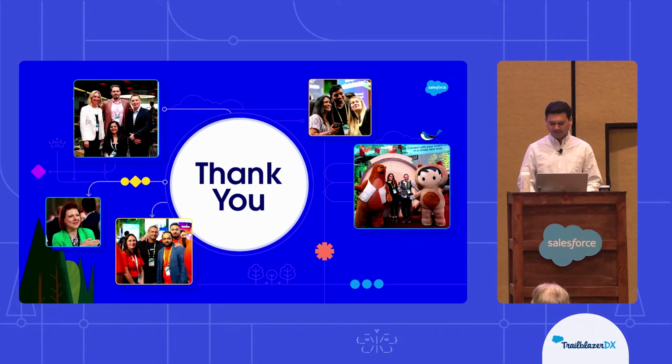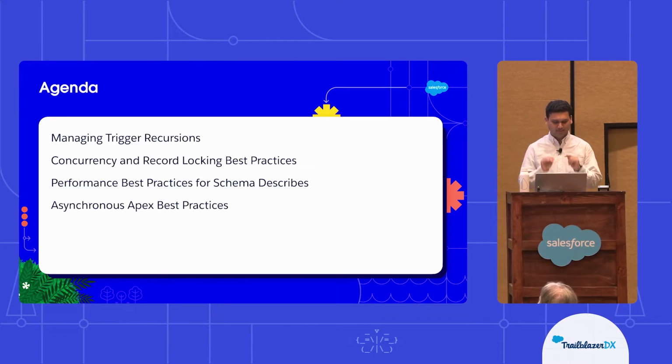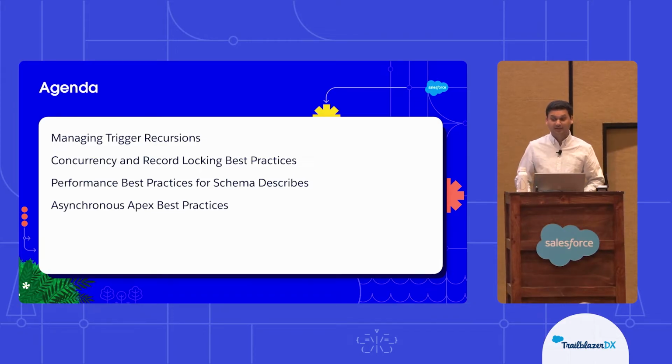We're really excited for the content that we have today, and our agenda is going to be very simple. But we'll go deep, and that's why the session is titled deep dive. We're going to take a deep dive into managing trigger recursions. How many of you have had trigger recursions?